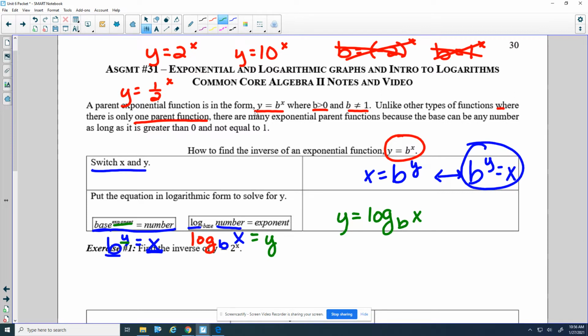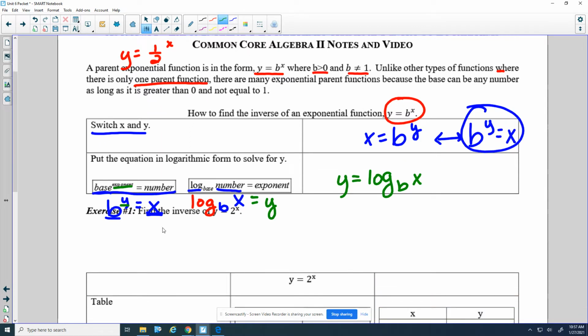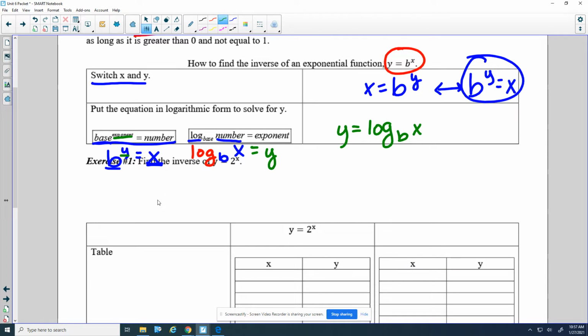So we're going to do the same thing with y equals 2 to the x. I know it took me a long time to explain it, but it really is not that many steps. So because I covered this up, I'm just going to write it over here. So we're finding the inverse. The first thing we do to find the inverse is switch x and y. Okay. And then we're going to write this in log form.